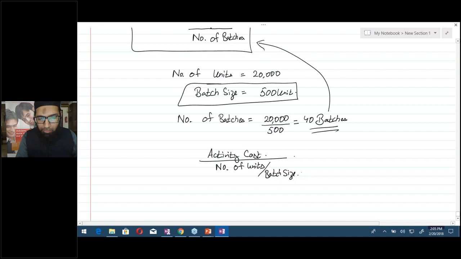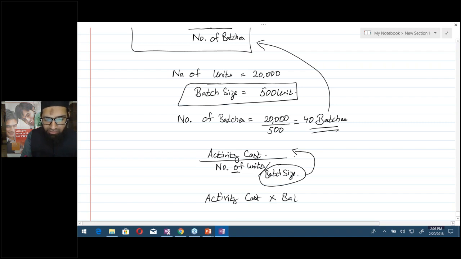If you know a bit of algebra, because the batch size is divided by a denominator value, according to the algebra rule this can come up in the numerator as well. So the formula in the exam can also be written as activity cost multiplied by batch size divided by number of units.